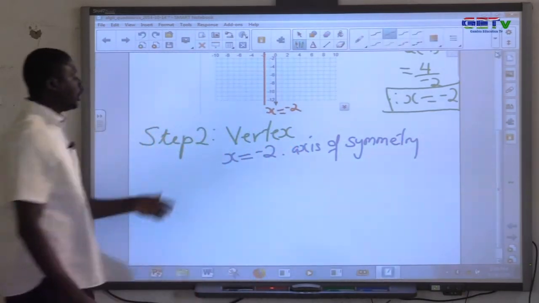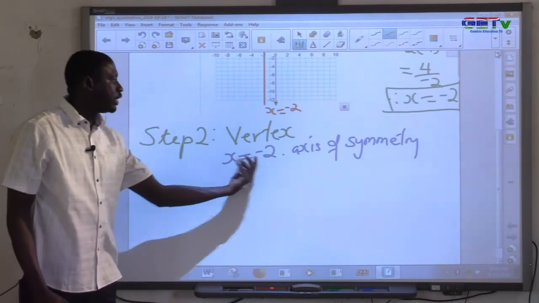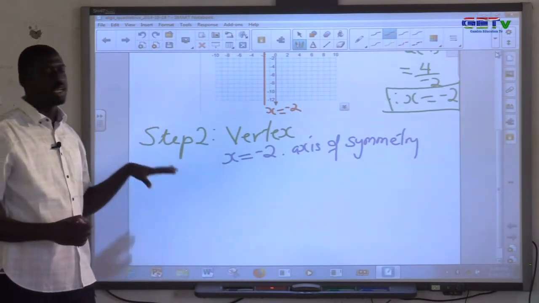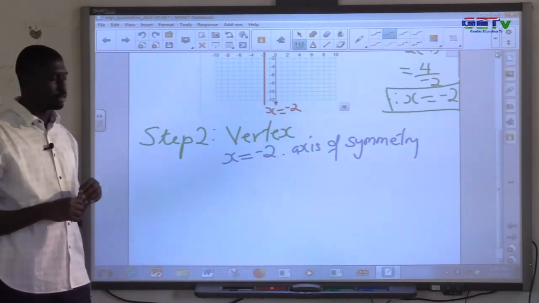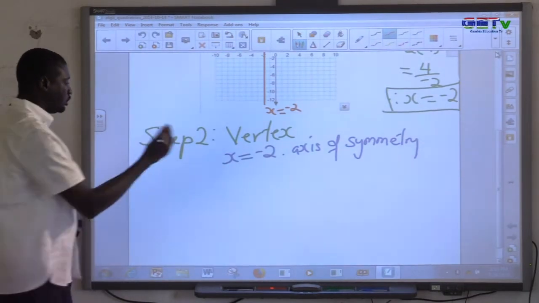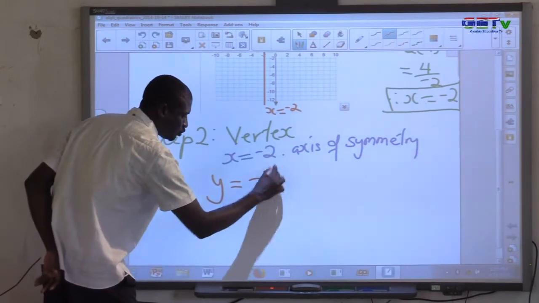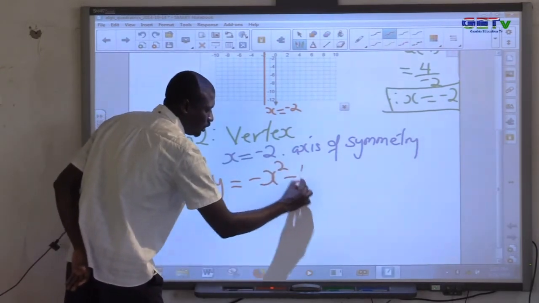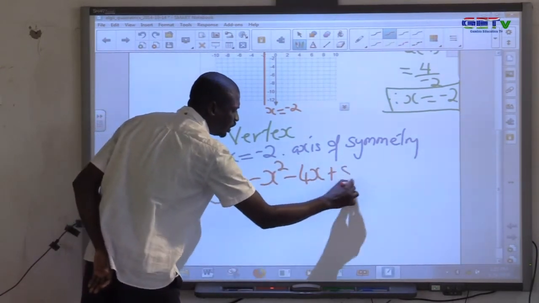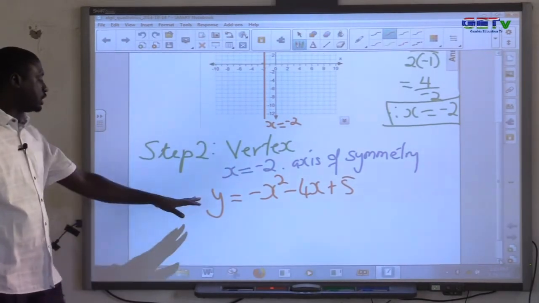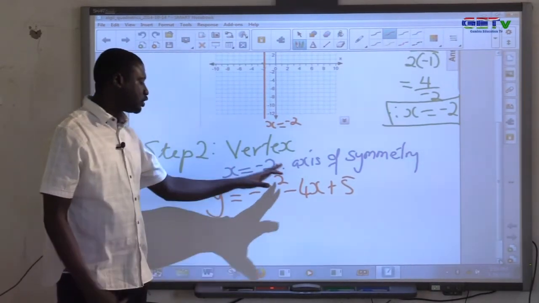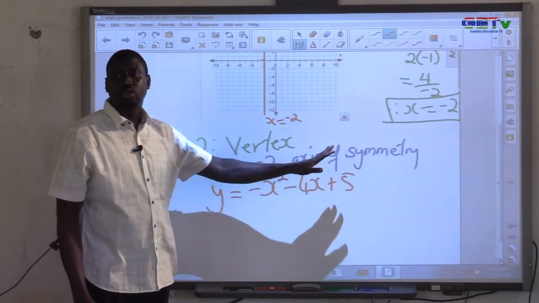So we are going to substitute this -2 in the function given to get the y value. That will give us the vertex, or the coordinate of the vertex. The quadratic function that is given to us is y is equal to -x squared minus 4x plus 5.